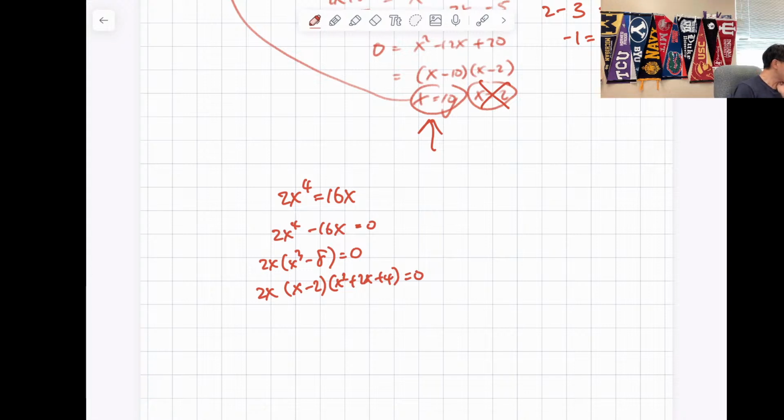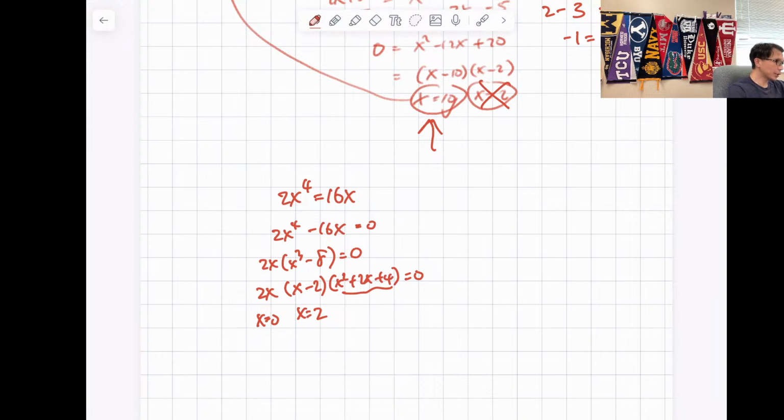Now, which question is this? 9. 9 says solve each polynomial equation 1 to 10 by factoring and then using zero product principle. So this definitely x equal to 0, x equal to 2. Now to solve this, there's no other way to solve it, at least not realistically, not real number.